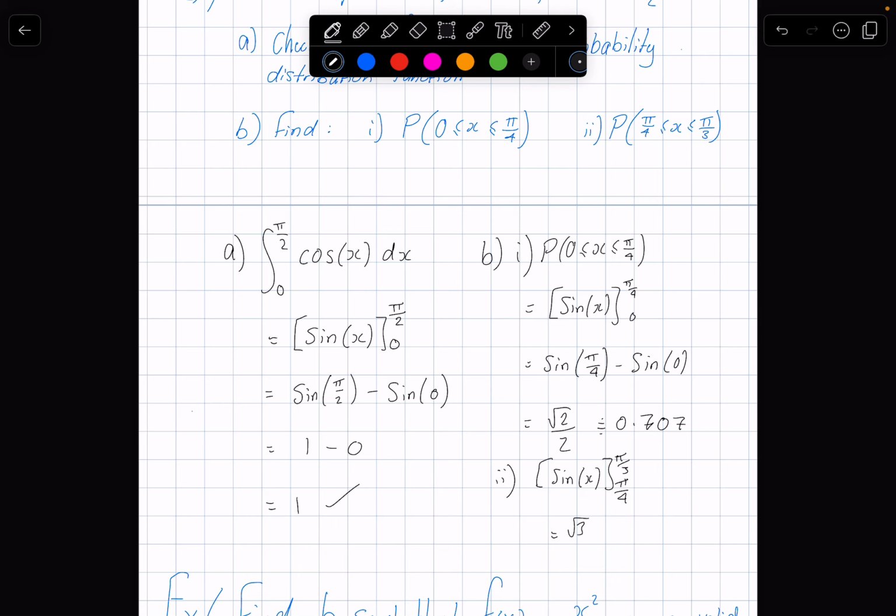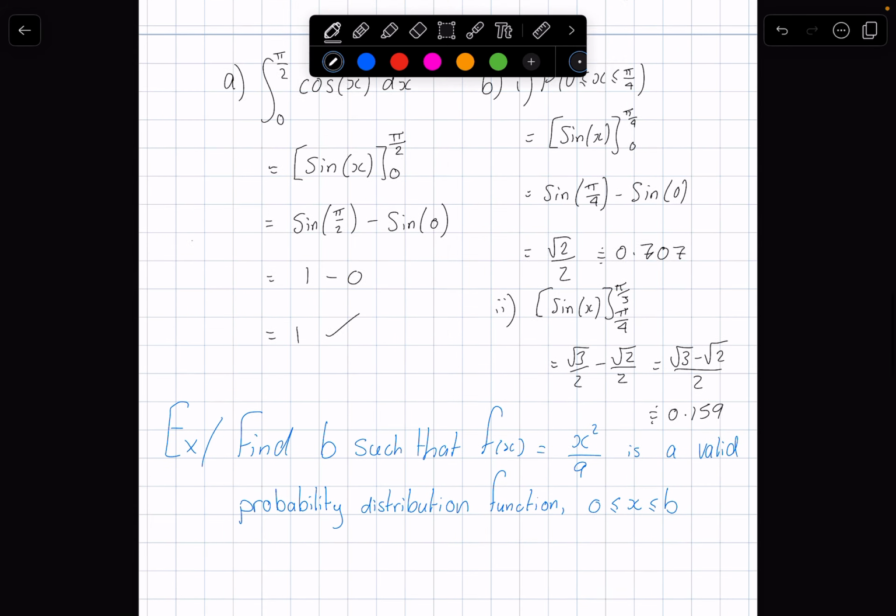So root 3 on 2 minus root 2 on 2, and we can bring that together as root 3 take root 2, all over 2. And as a decimal, I'll quickly calculate that for us. So root 3 take the square root of 2, all over 2 is 0.159 approximately. All good, beautiful.